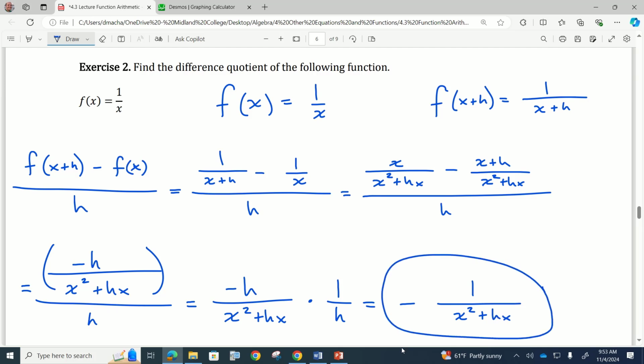That is the fully simplified difference quotient. And again, remember the Calculus 1 part of the story that you don't really need to know is that if I set h equal to 0, I get the derivative. So if I have the function 1 over x, the derivative of 1 over x is negative 1 over x squared.